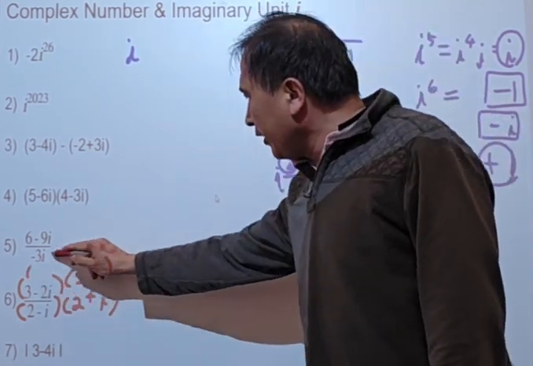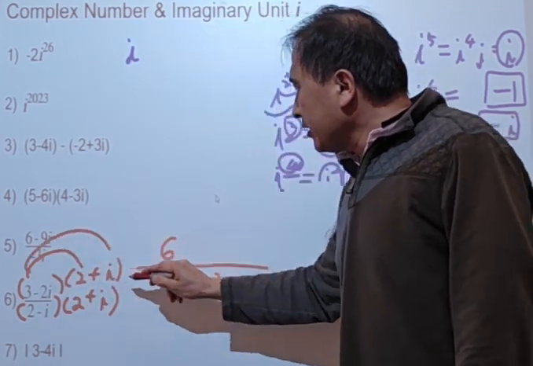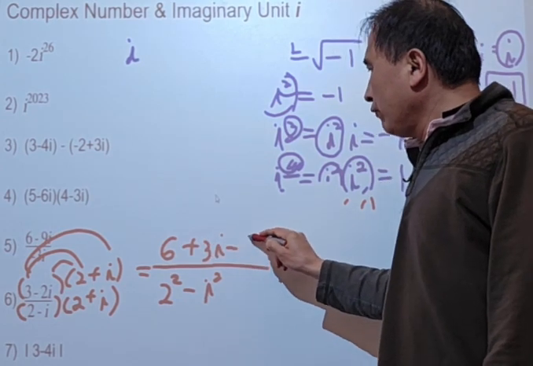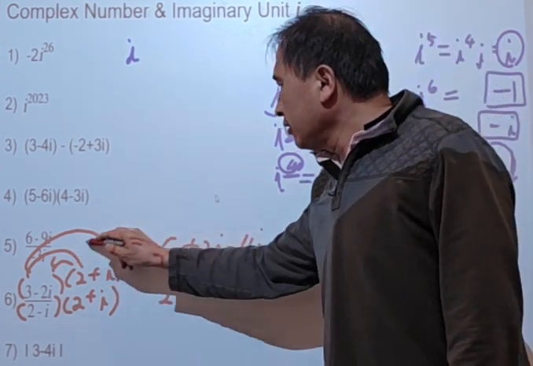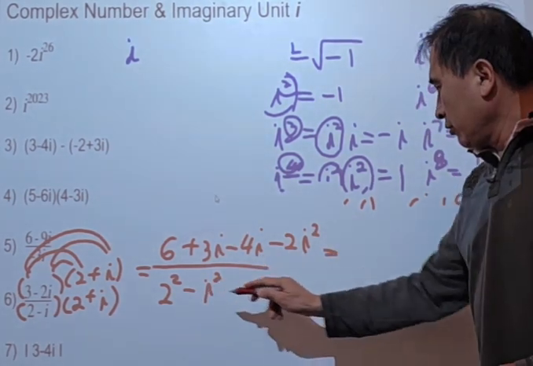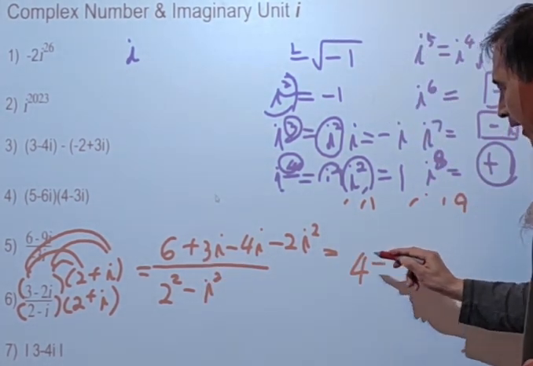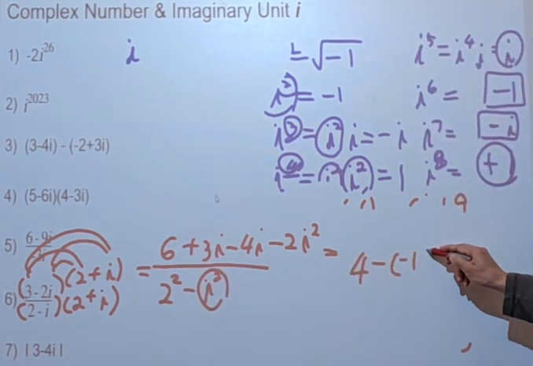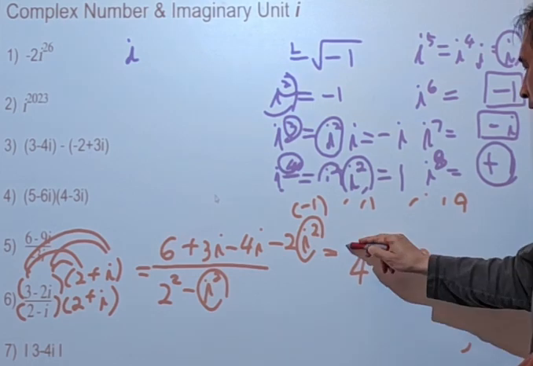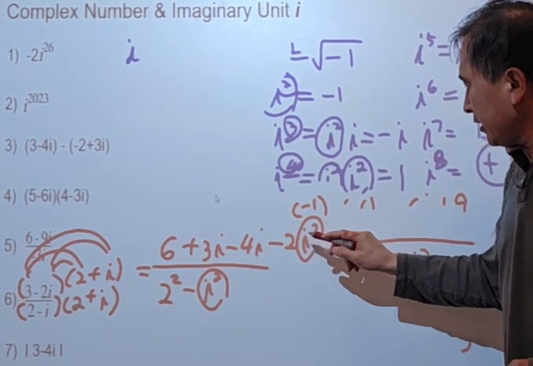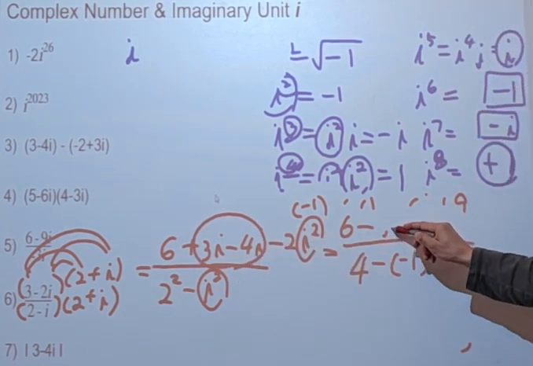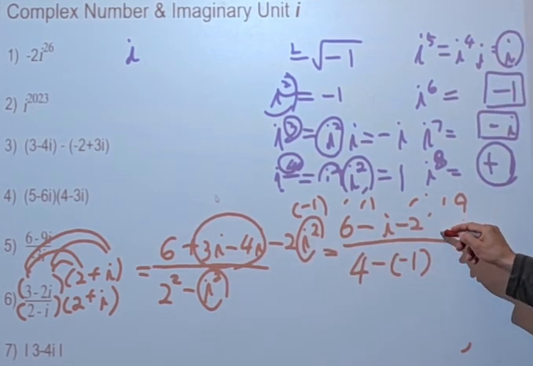And you need to FOIL the numerator, that's a 6, and this plus 3i and minus 4i minus 2i squared, right? So 2 squared is 4 and minus i squared is minus 1. And this is a minus 1 again, right? So if I calculate, this is 6 and then minus 1i, minus i, and minus 2 times minus 1.